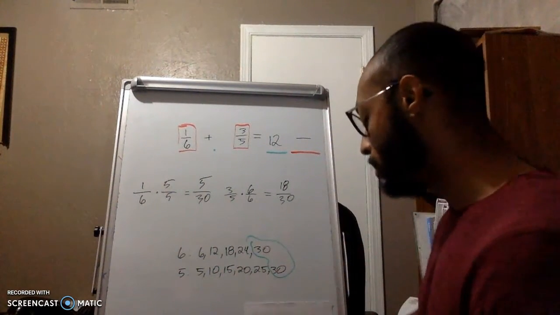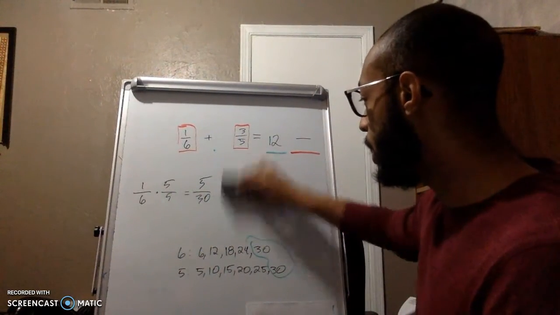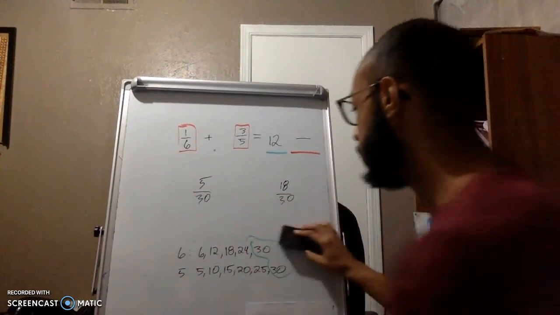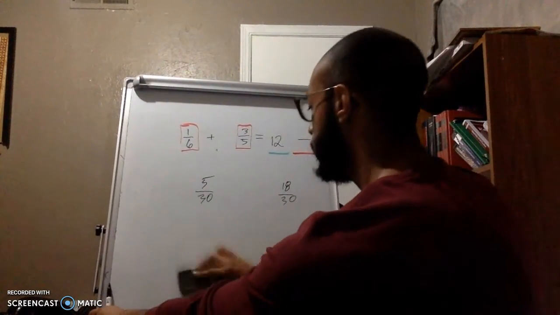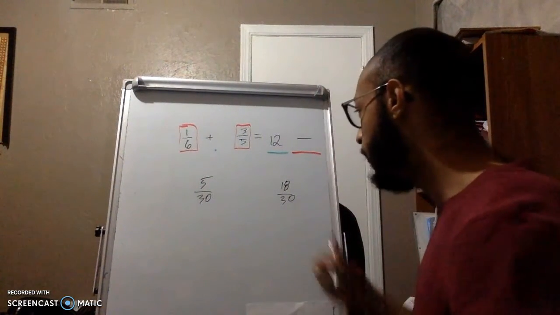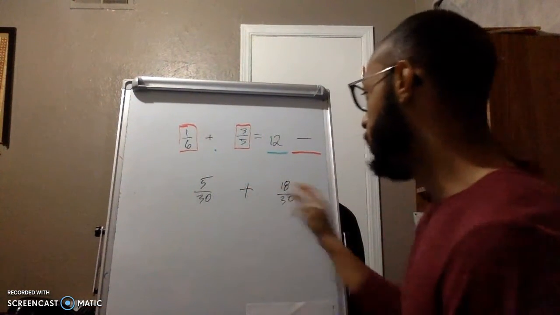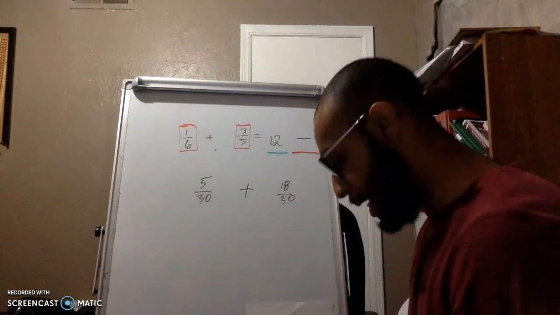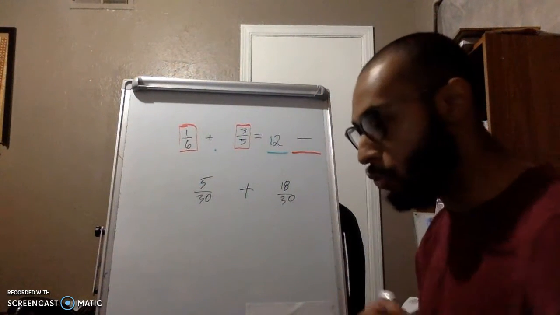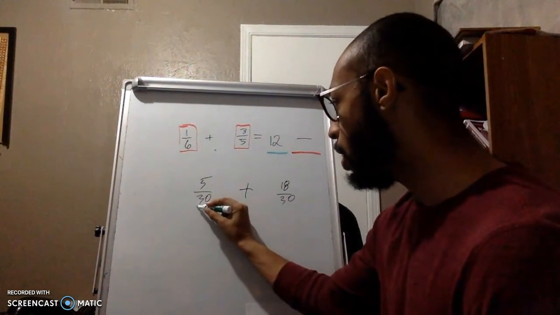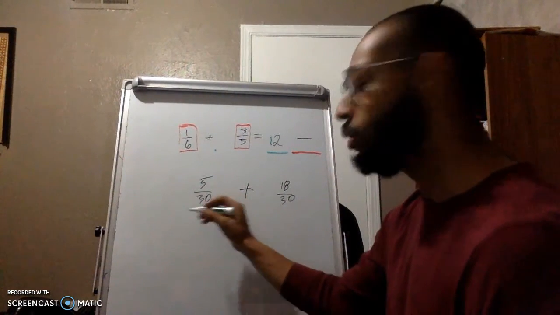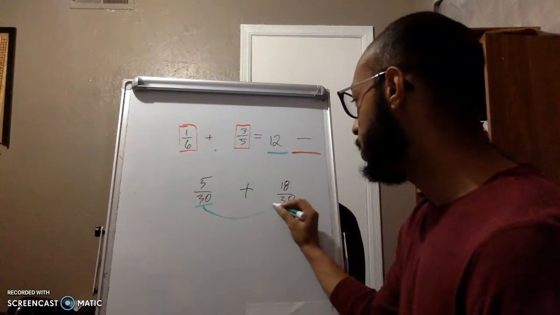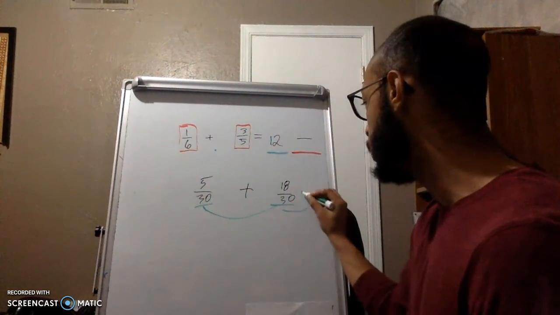So now our equation, instead of looking like that, looks like this. Now we have denominators that are exactly the same. We have 5 plus this plus that. And like we did with the last one, now our denominators are the same number, so we can add the tops.